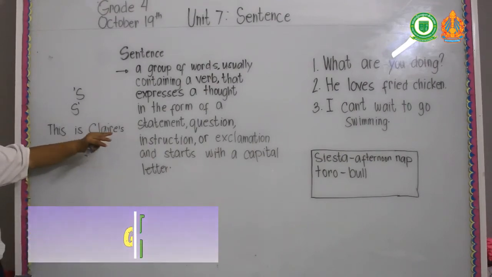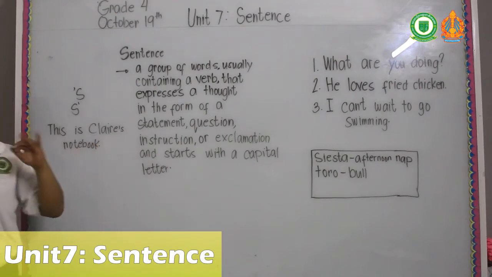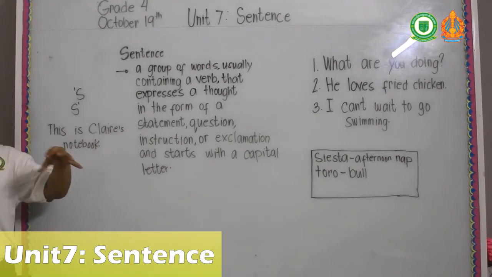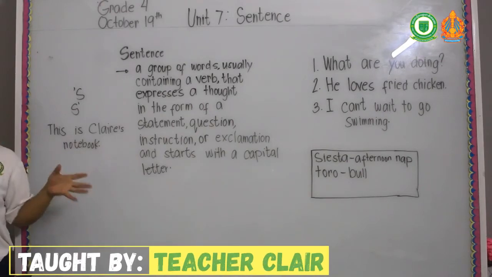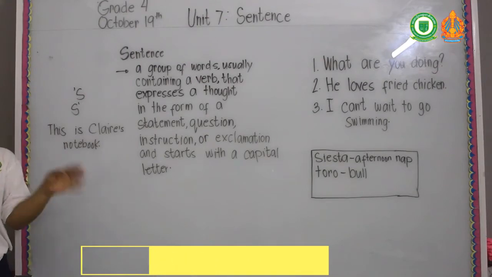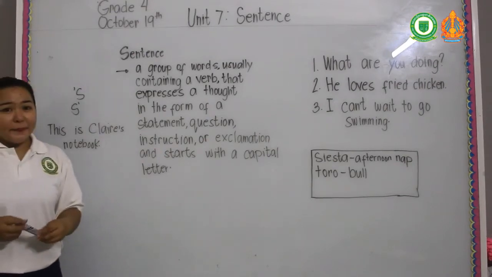When we say Claire's notebook and we are using apostrophe S, it means that this notebook is just mine, Claire's, no one else. That notebook is only Claire's notebook and no one else, okay? It shows possession. Your own thing or someone's thing.